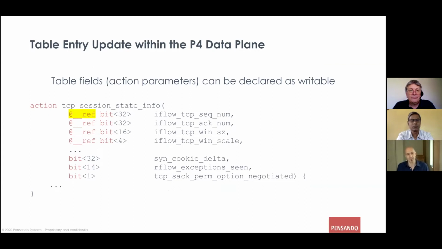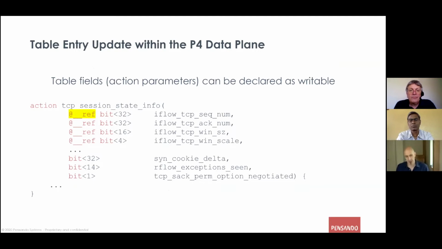So if we look at the parameters of this action, we see that we have some regular parameters that can be read from the table and used by the action, and some other parameters that have this annotation @__ref, that is saying that those parameters can actually be modified by the action, and then they get written back into the table.